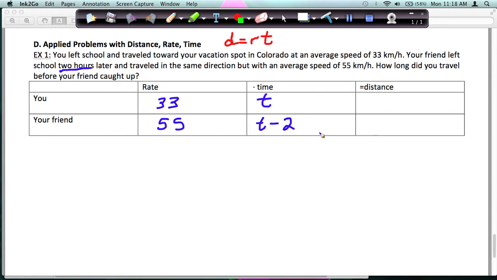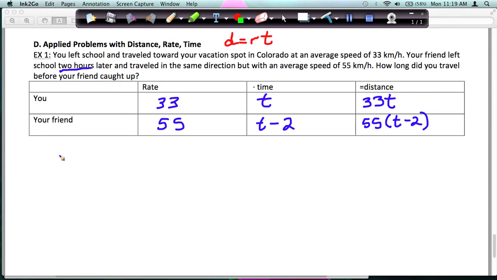Whatever that is, because they're going faster, they're going to take less time to travel. Then it says equals distance. So remember, distance is just rate times time. So this distance is 33 times t, and this distance is 55 times, don't forget the parentheses, that's really important, the time of t minus 2, because I'm multiplying 55 times this whole thing.